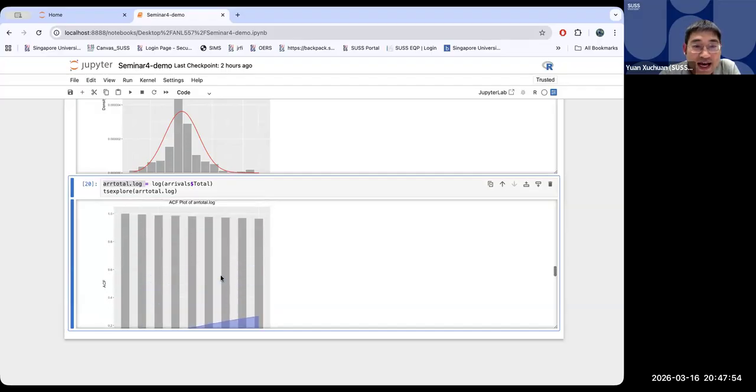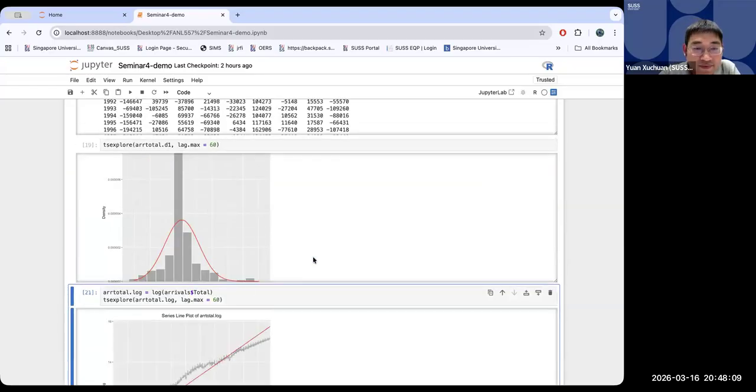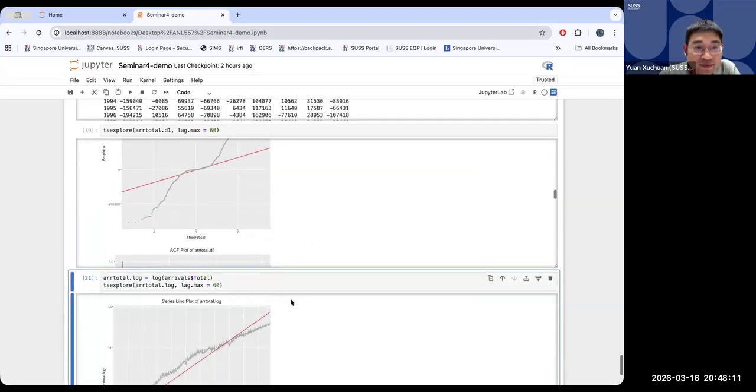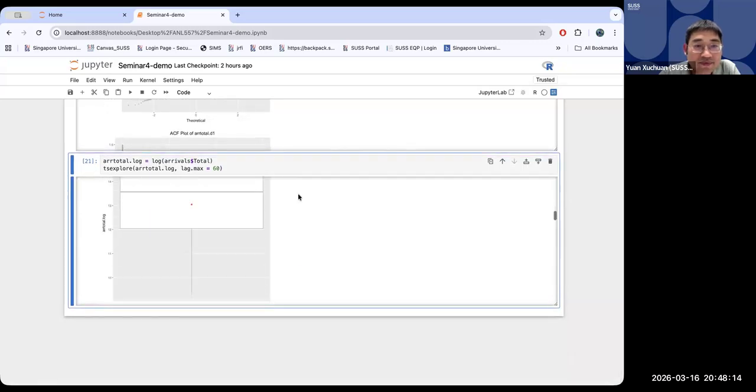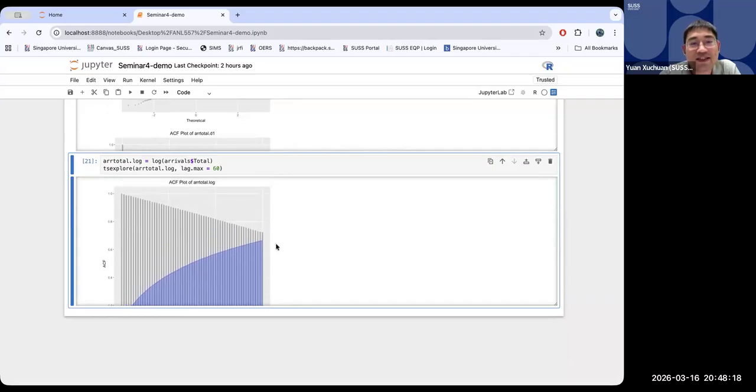If you look at the ACF, it decays slowly but not exponentially, which means it is not stationary for sure, right?